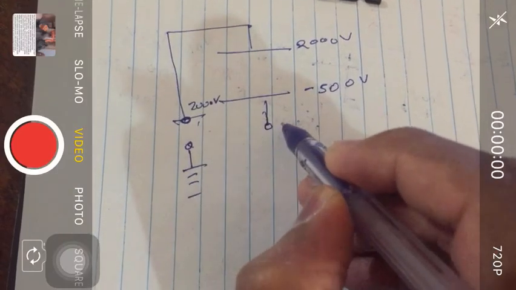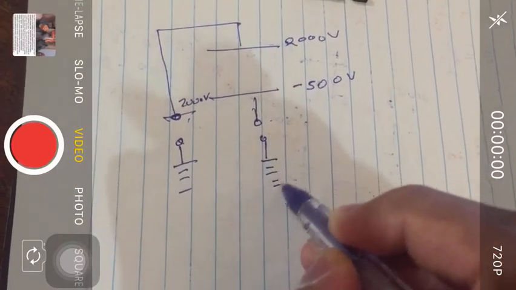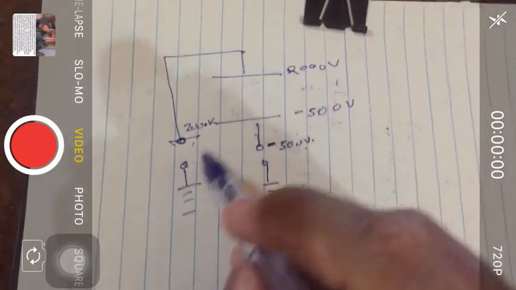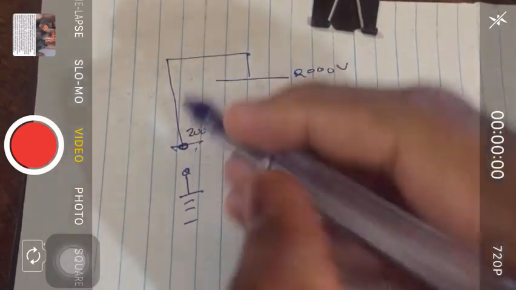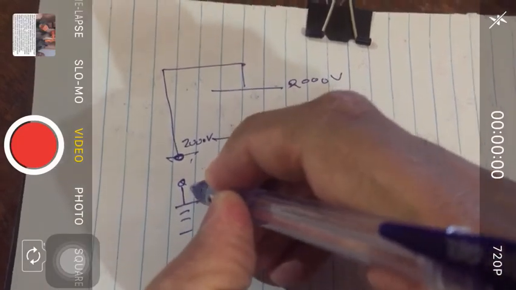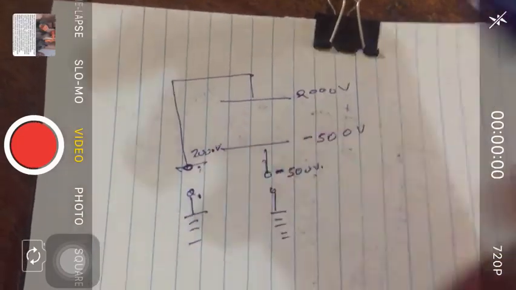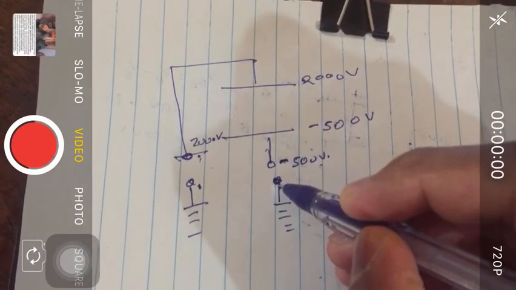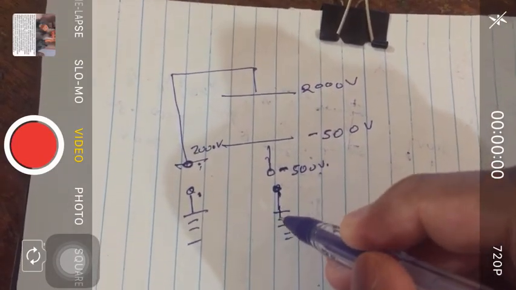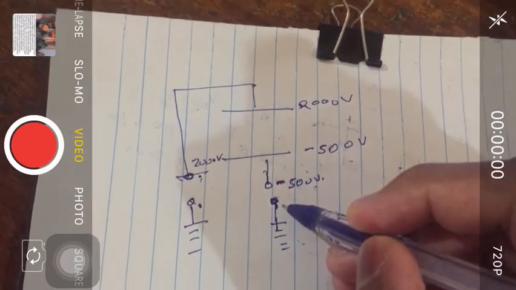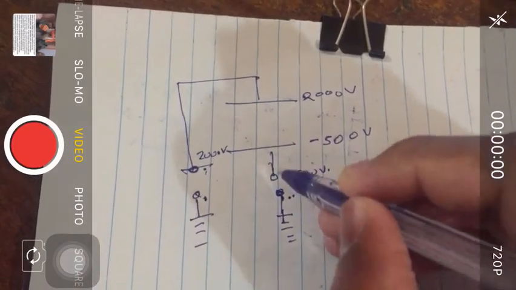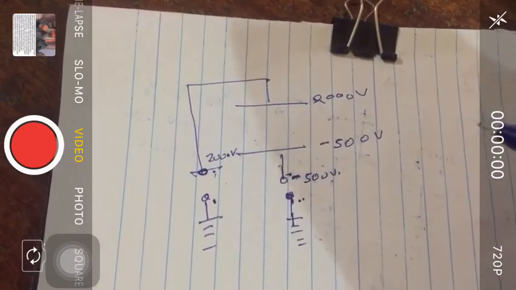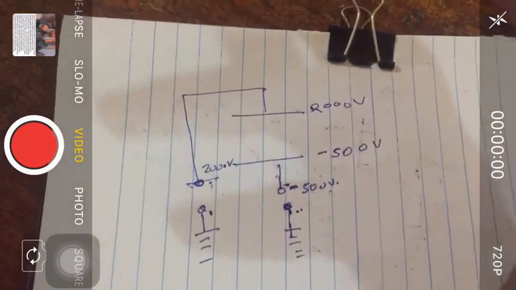And then there's another point which is connected to Earth, and this point is at minus 500 volts. Now what is the meaning of this 2000 volts? When a 1 coulomb charge is going to go from here to here, it needs 2000 joules. What is the meaning of this one? When a 1 coulomb charge needs to go from here to here, that means it needs minus 500 joules of energy.